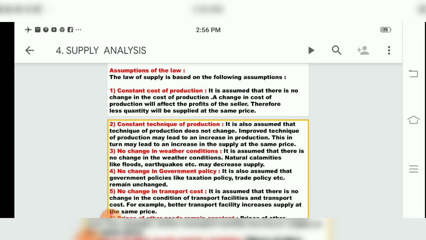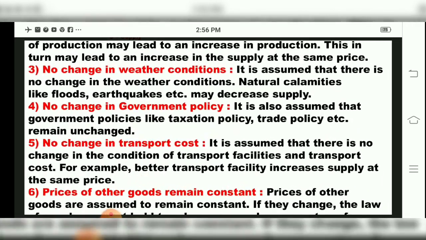Because our statement of law tells us that supply is directly related with price. Higher the price, higher will be the supply; lower the price, lower will be the supply. So when we assume constant cost of production, constant technique of production, and no change in weather conditions, if these conditions are favorable, then supply will be according to the law of supply statement.